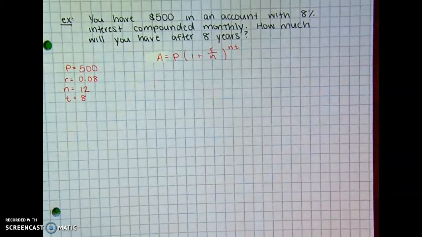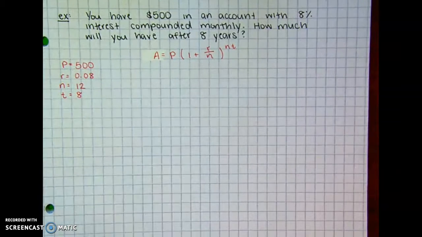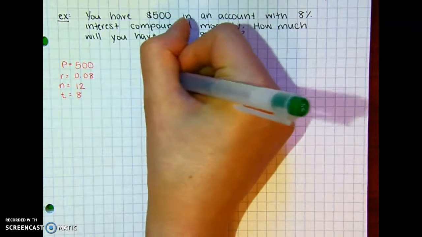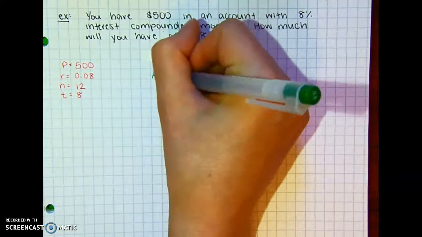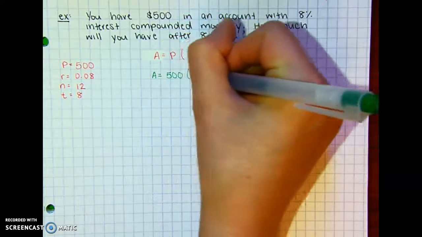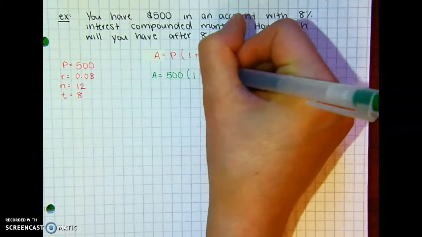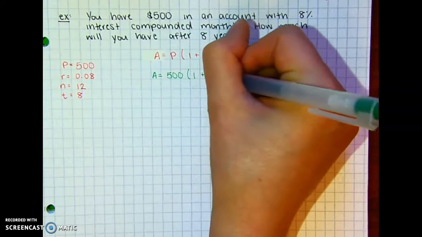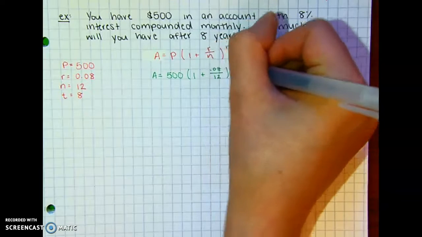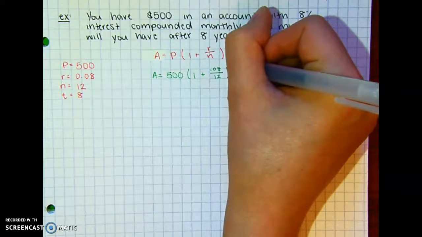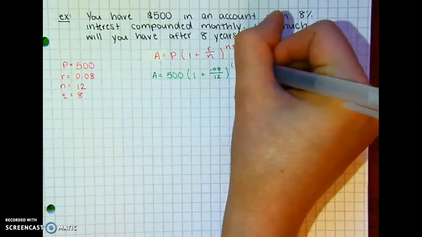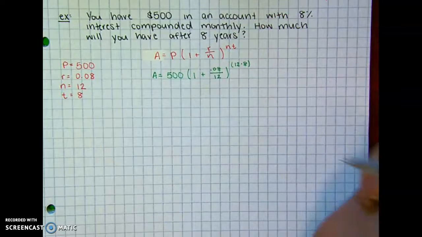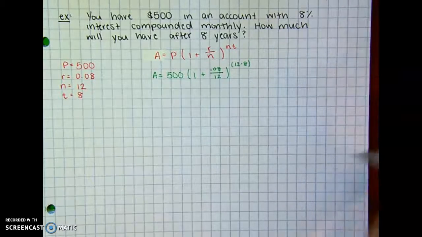So applying that into our equation, A equals 500 times 1 plus 0.08 over 12 to the power of 12 times 8. And if we just asked for an equation, you would say 12t, obviously.